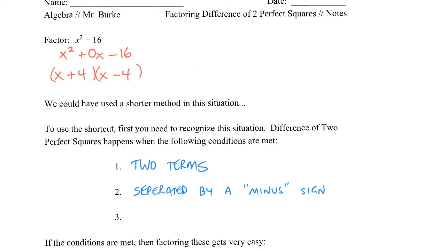So both terms are perfect squares. So if you get this situation, and you recognize, oh, wait a minute, this has 2 terms, it's separated by a minus sign, both terms are perfect squares, then you can shortcut this a little bit. Let's take a look at what I mean.